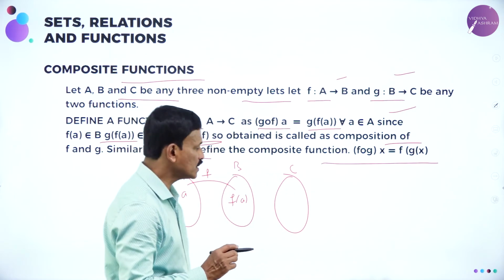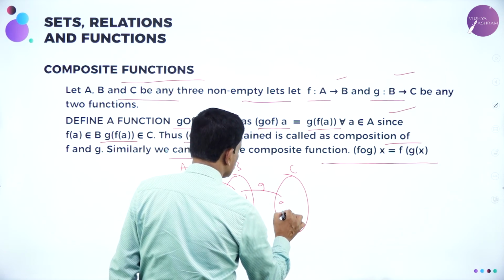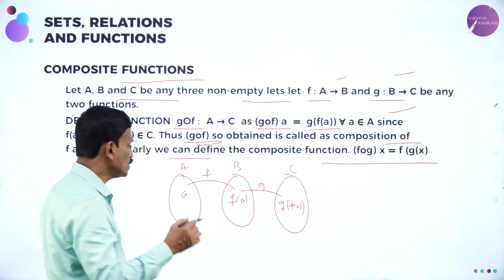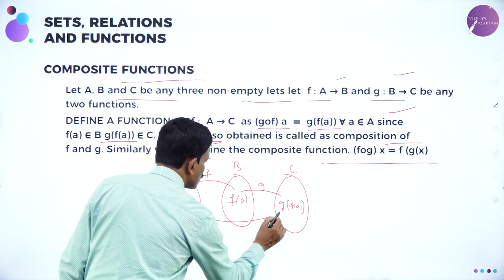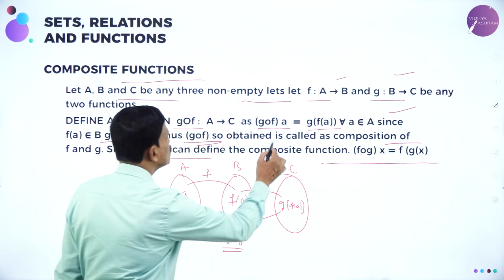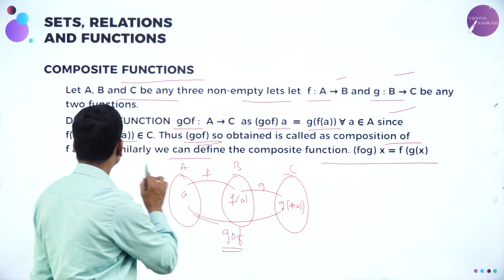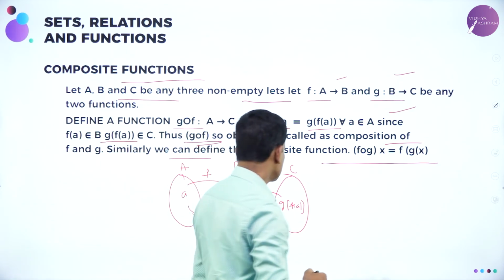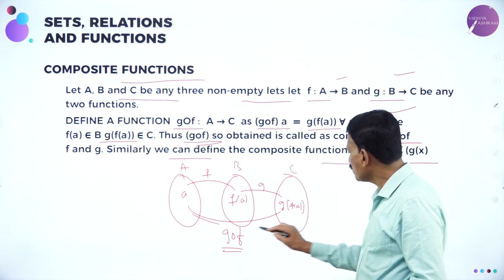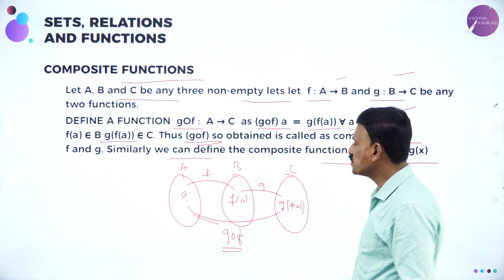Now, let us consider g. This is g of f of a, a function from A to C. This is called g naught f, denoted as (g naught f)(a) is equal to g of f of a for all a belongs to A. That is called the composition of the function.